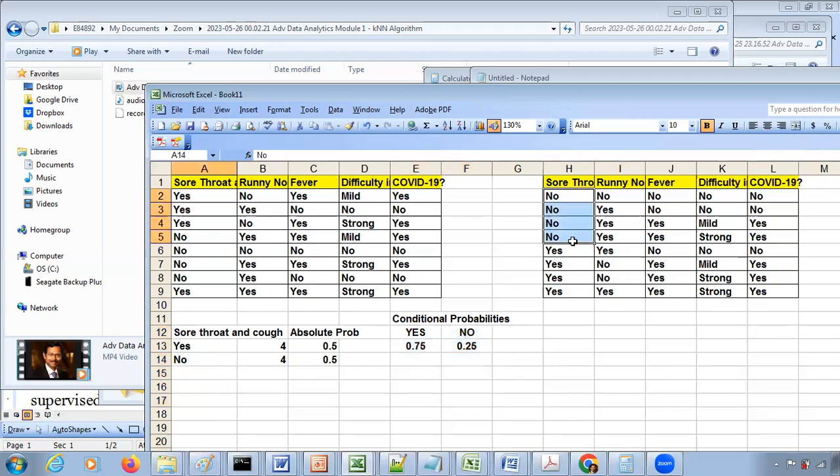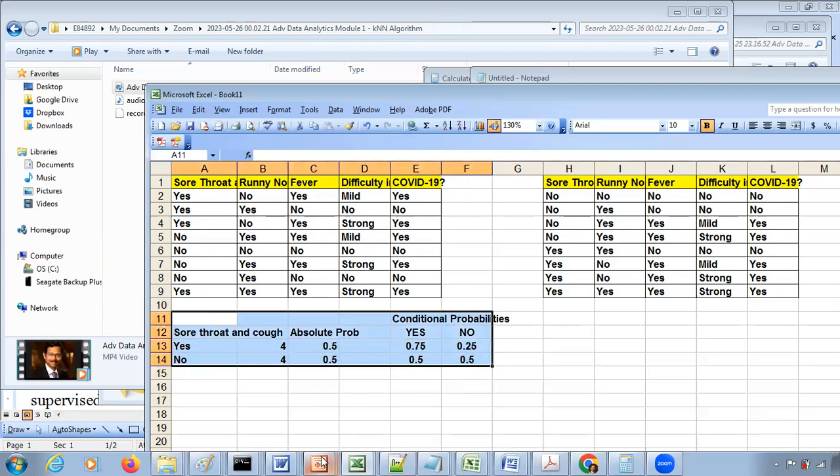Likewise, there are 4 records that have no for sore throat, and out of this, 2 have yes for the class and 2 have no. So 2 out of 4 is yes and 2 out of 4 is no. So that's how we build the conditional probabilities and absolute probabilities table.